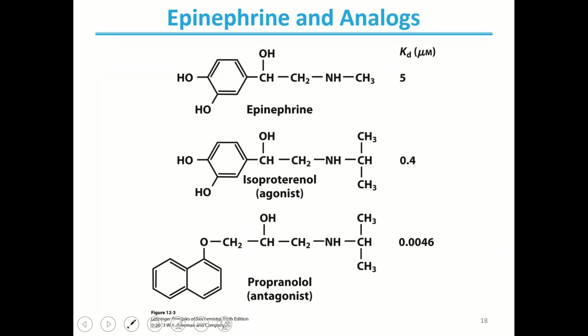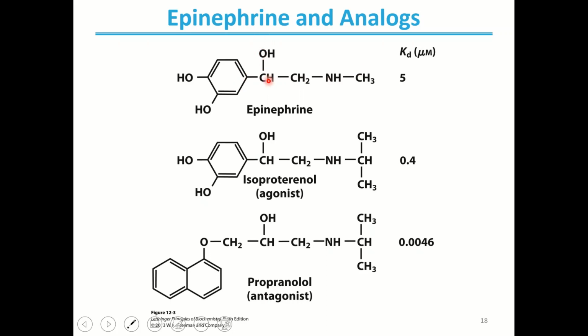And the structure of epinephrine is shown here. It's a relatively small molecule, sort of a benzene ring with two OH groups, two hydroxyls, and then we have a four-membered chain on the other side of this benzene ring.